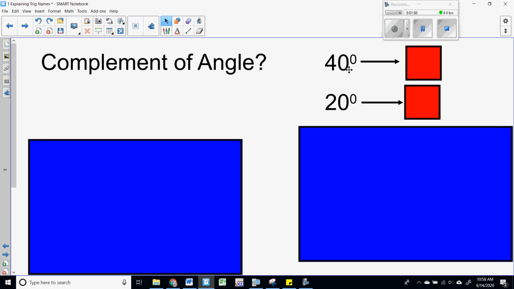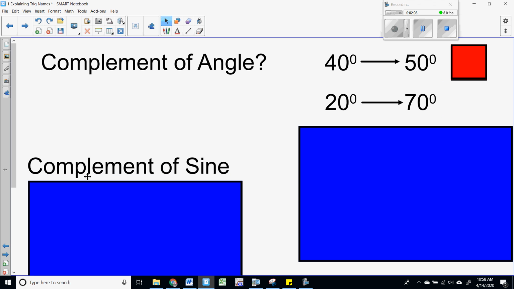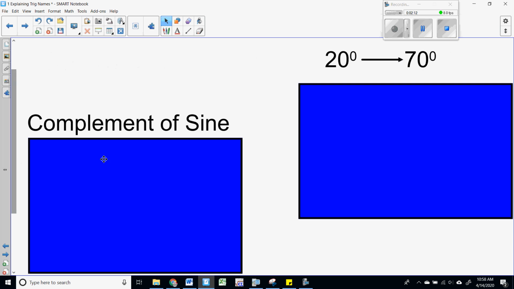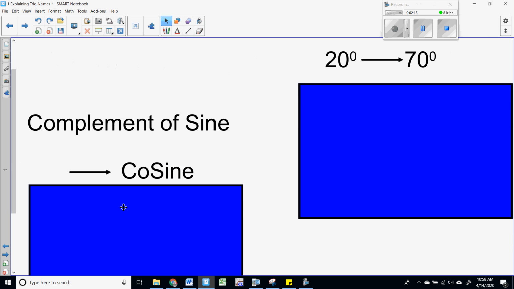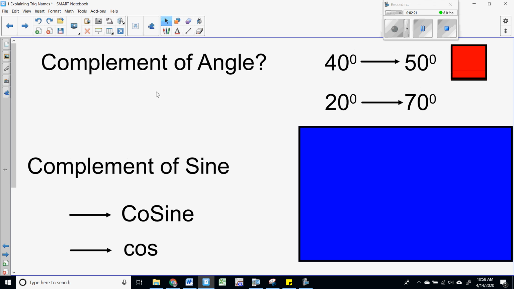If we have 40 degrees, the complement of it, remember, complement means adds to 90, would be 50. So the complement of 20 would be 70. And some of you might see where this is going. What about the complement of sine? Cosine is the complement of sine.